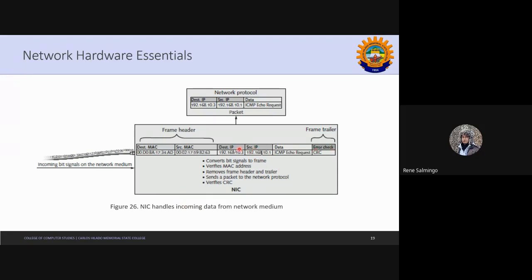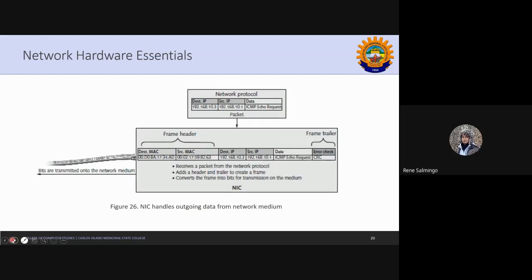So there is an error check so that we can transmit data. After that, this is the incoming data from your network medium, and we now move to the outgoing data. As outgoing data, we start at the top.